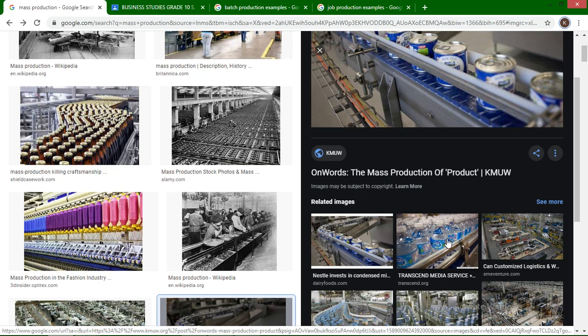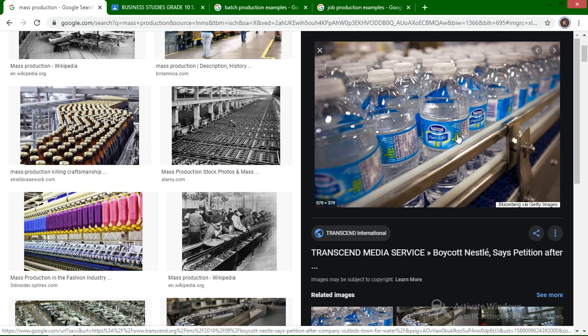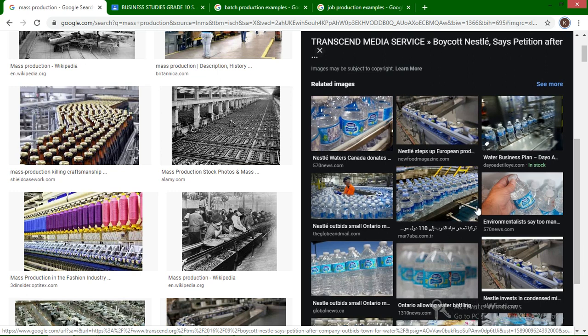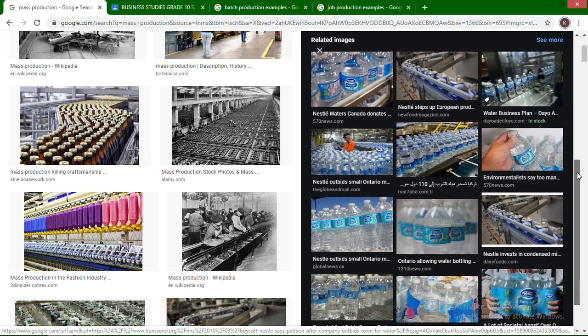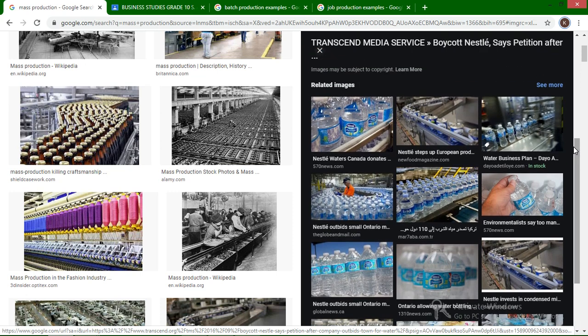So mass production happens with different kinds of products. For example, in mineral waters they do the same. Can you see that they're producing in large quantities, and they're on conveyor belts? It means they're moving along the line from one step to the next, to the next, up until they reach the last stage, right? So in each and every stage there that you see, there will be a process that is happening.